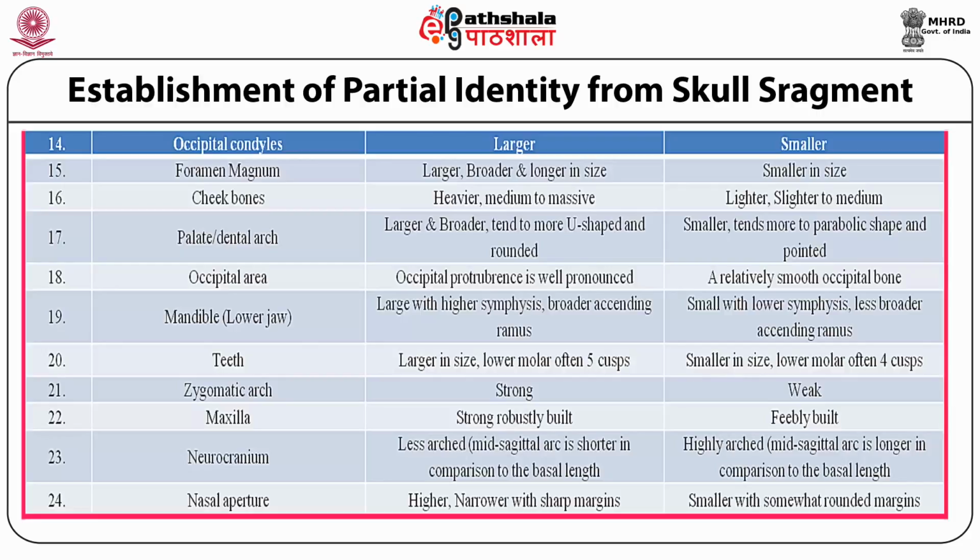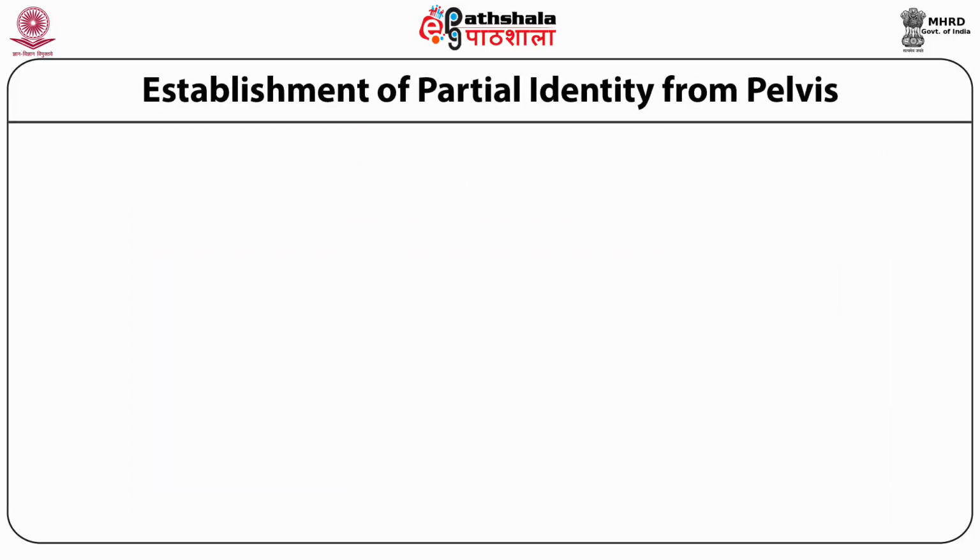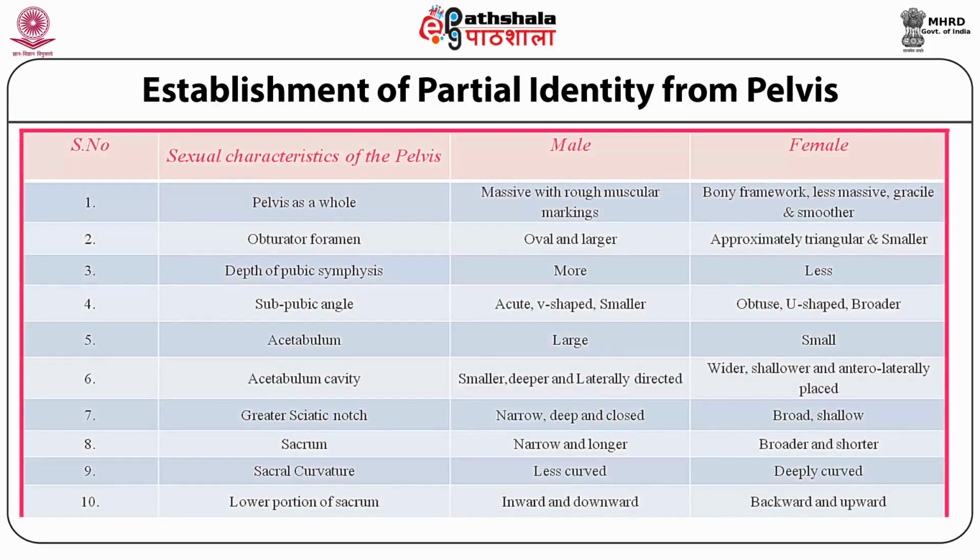in case of females. The establishment of sex is also possible by examining the pelvis. The important characteristics which are used for differentiation in males and females are the pelvis as a whole, and the obturator foramen, that is oval and longer in males and approximately triangular and smaller in females.